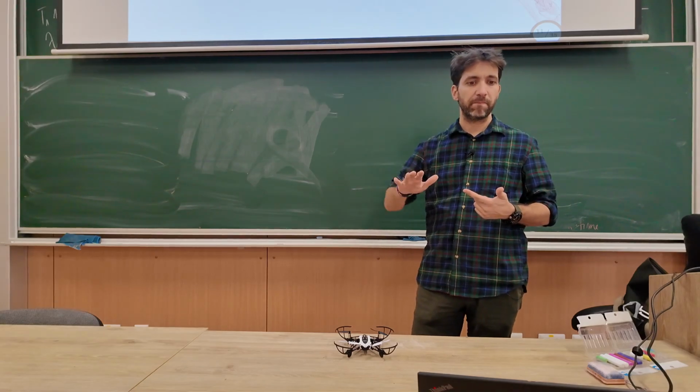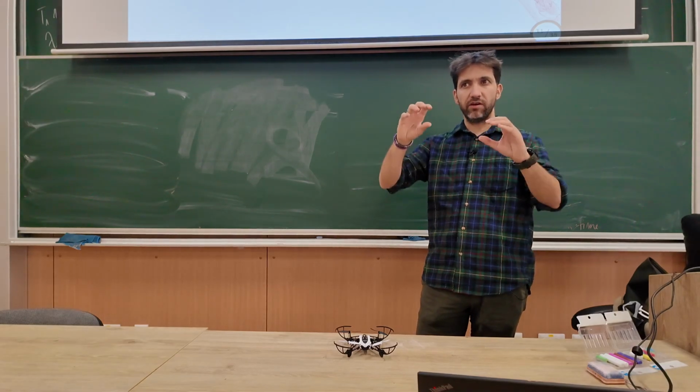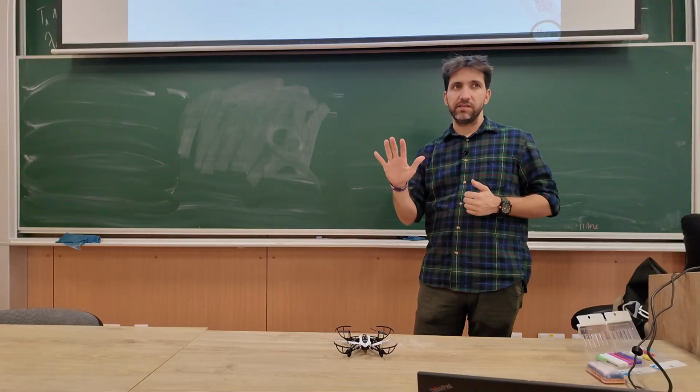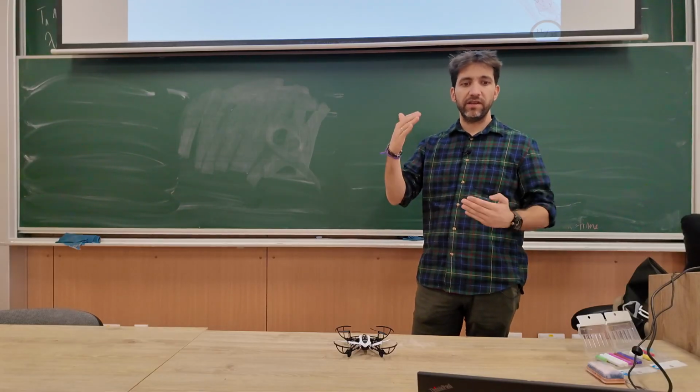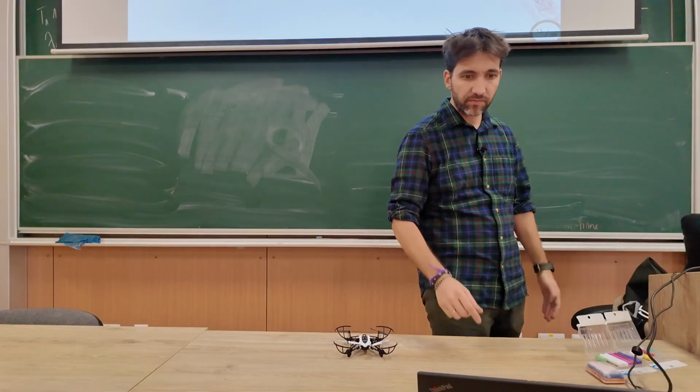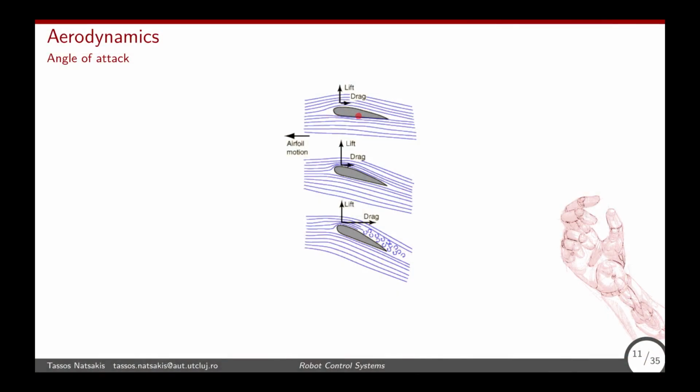So that's one thing. The second thing that we can do to affect this lift and drag ratio is the angle of attack. So for the same design of the airfoil, if we change the angle of attack, we get different ratios of lift and drag. For a small angle of attack, I will have small drag but also small lift.